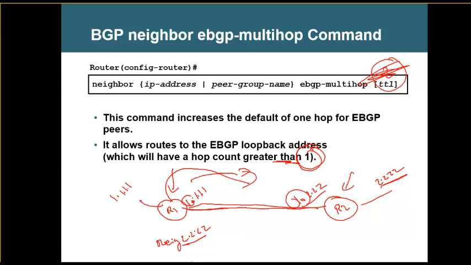It won't even go and try. Because the default rule, the directly connected rule, is not satisfied. It won't even go out. Even though this 2.2.2.2 is one hop away, is it two hops away? Router 2? No. Router 3 is two hops away.